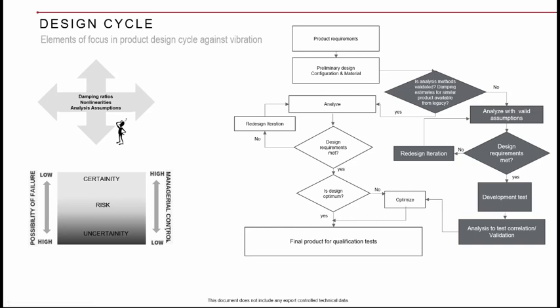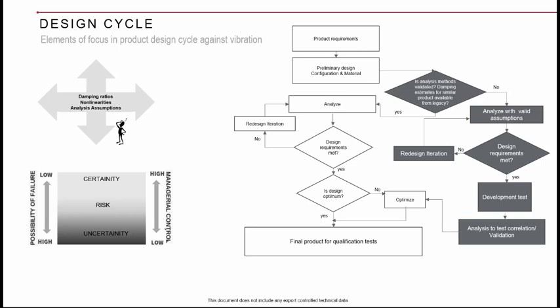So this is the overall design cycle. In the design cycle, there will be a number of other requirements which the design will be subjected to. But when vibration is a severe case and you have uncertainties, you should definitely take up development test early.